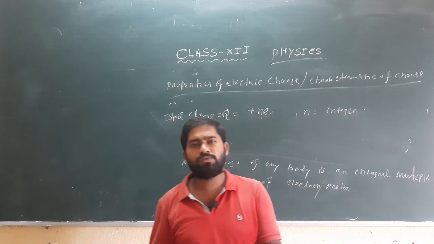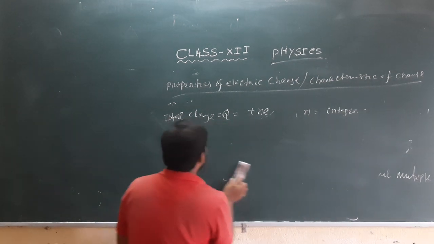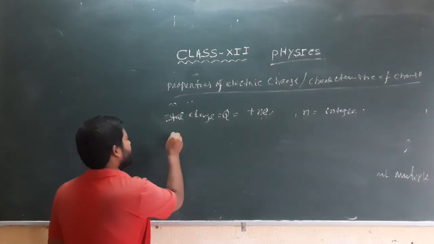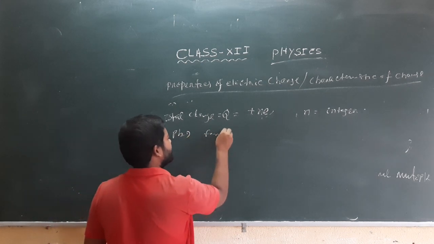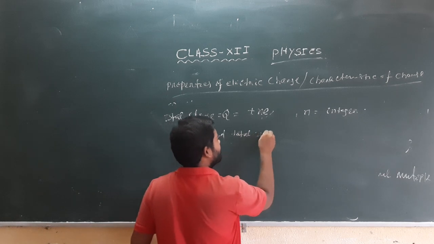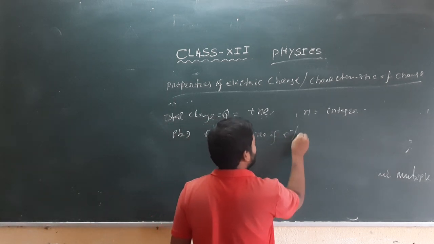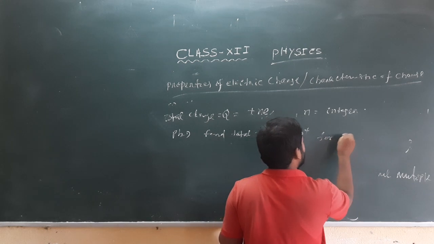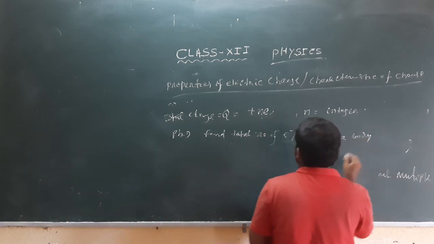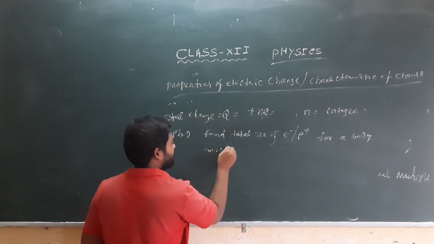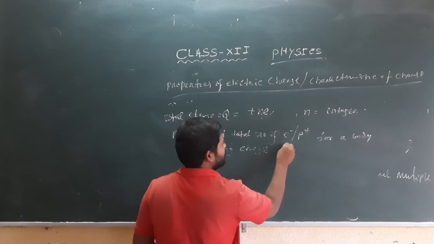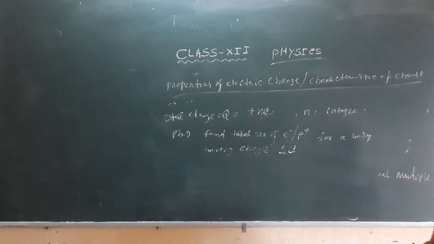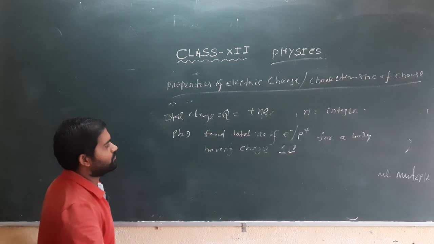For example, a problem is always given in the exam depending upon the quantization of charge: find the total number of electrons or protons for a body having charge 1 coulomb.